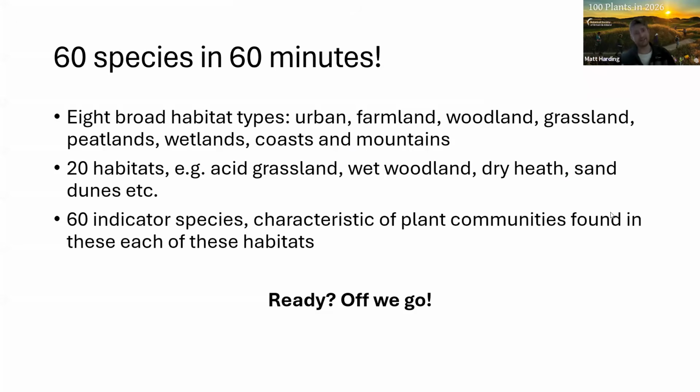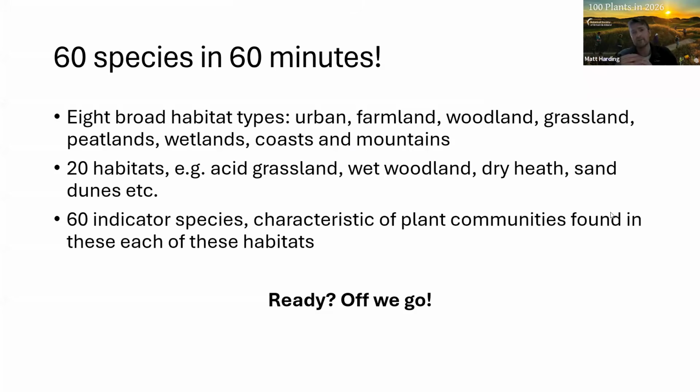So what are we going to do in this challenge tonight? We're going to hit our way through 60 species in 60 minutes, a few minutes less now because I've been waffling. We're going to go across 8 broad habitat types: urban, farmland, woodland, grassland, peatlands, wetlands, coasts, and mountains. Within those broad habitat types, we're going to look at plants from 20 individual habitats.